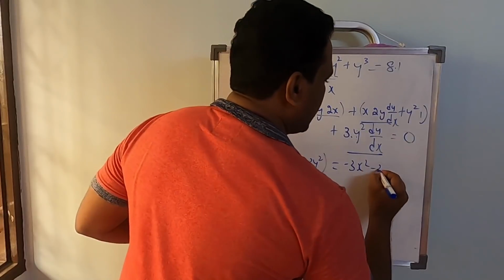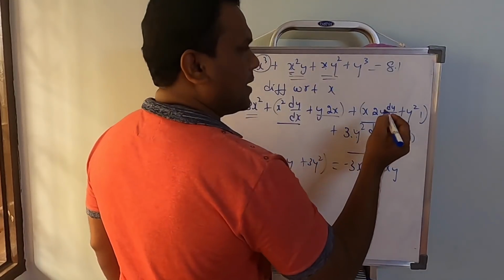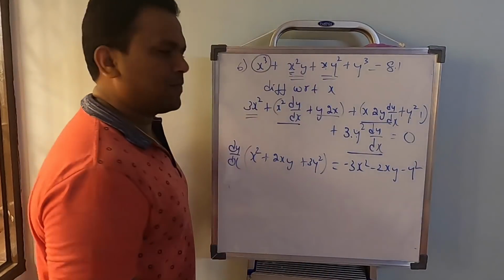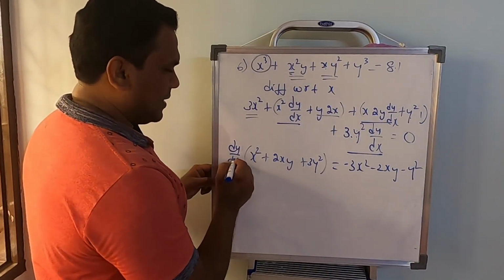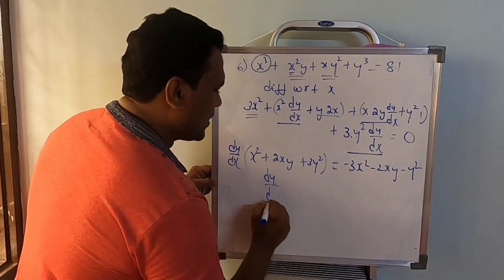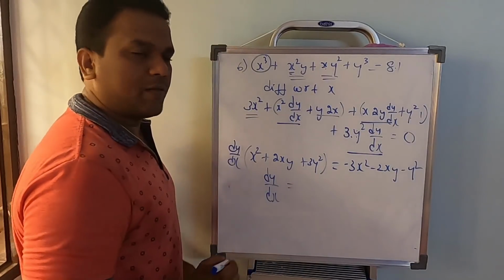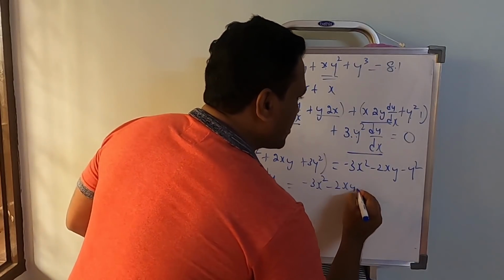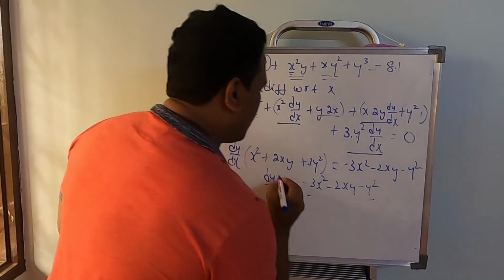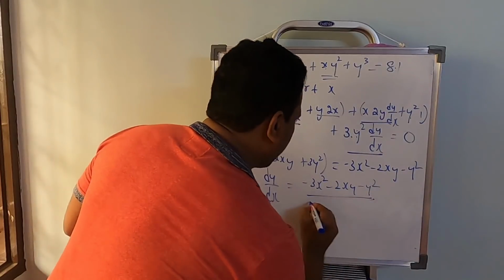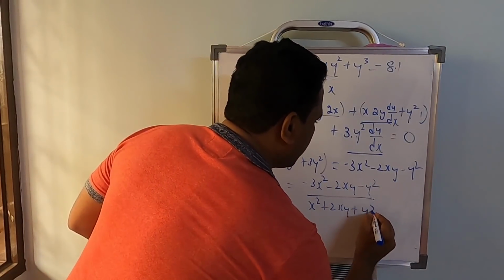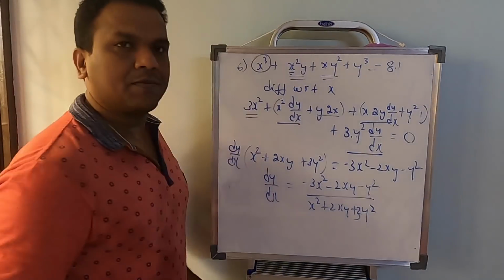Now this minus 2xy, and there is one more term called y square. So minus y square. So finally, the thing is to find the value of dy by dx. So dy by dx equal to minus 3x square minus 2xy minus y square by the denominator will be x square plus 2xy plus 3y square.